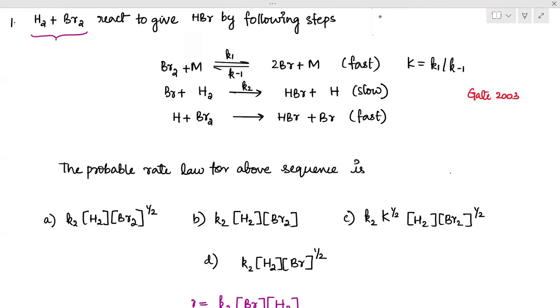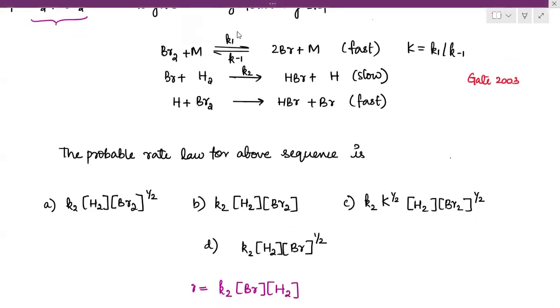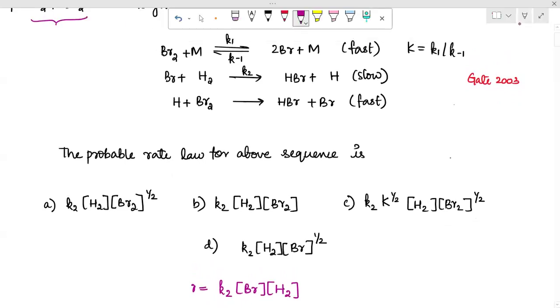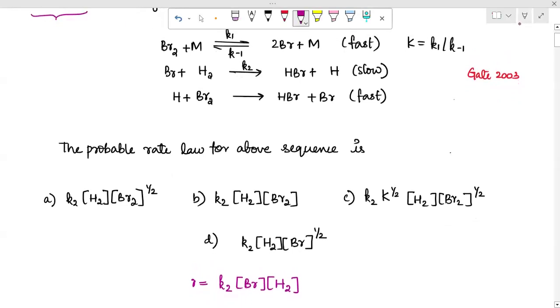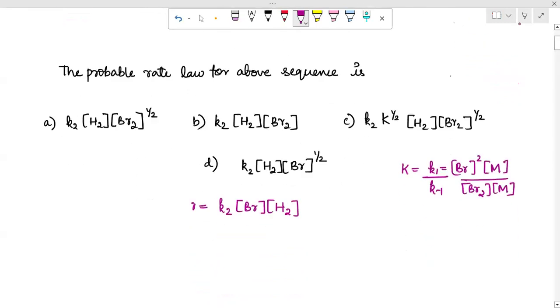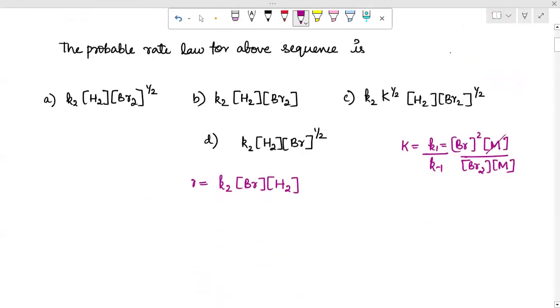Okay. So from the first step, I'll copy it down. Capital K is K1 by K inverse, and that is going to be equal to, on the product side, Br to the power 2 into M, divided by Br2 into M. Okay, M and M get cancelled.